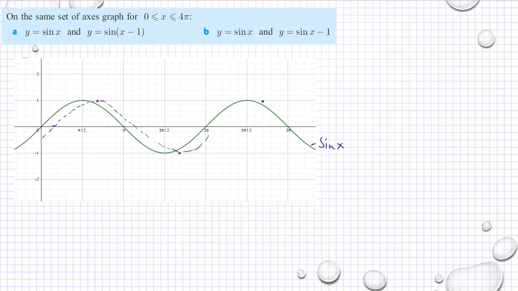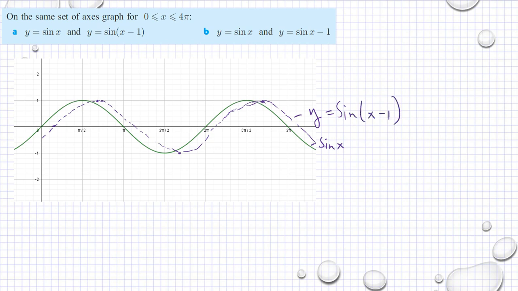It should be like this. It should look like that for this one. Y is equal to sine of x minus 1.